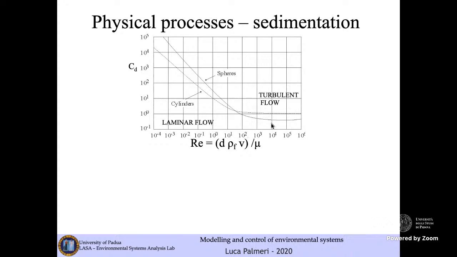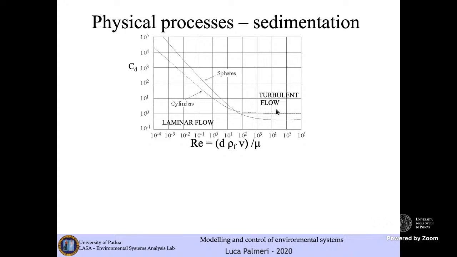For turbulent flows, the Reynolds number may go from 10 to millions, so very large numbers. There are empirical relationships that link the Reynolds number with the drag coefficient. In conditions of laminar flow, we will have a very large value of drag coefficient, while in conditions of turbulent flow, the drag coefficient is essentially equal to 1.